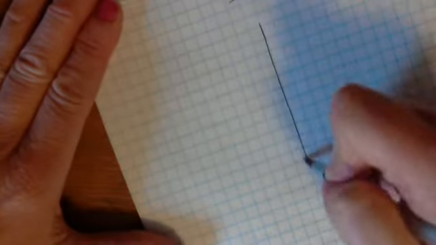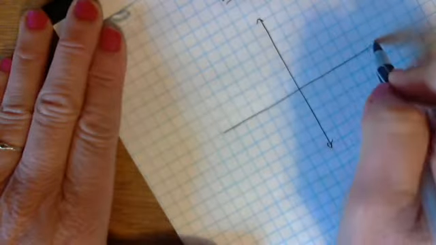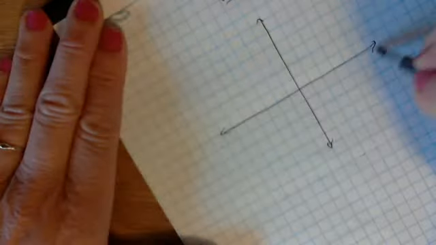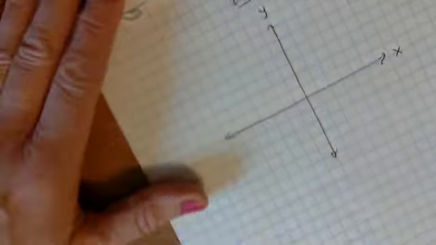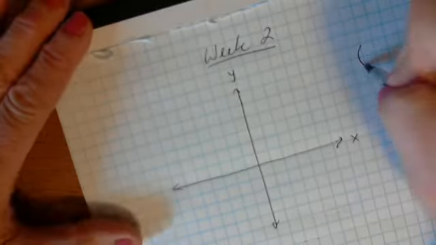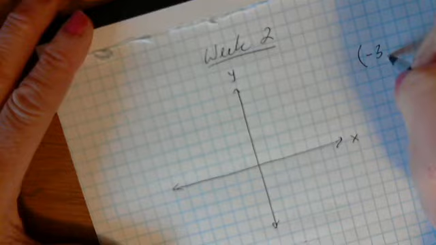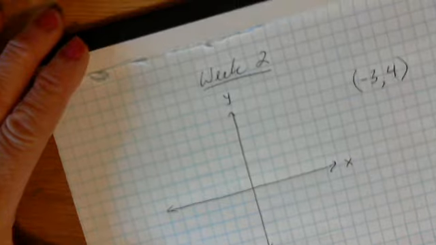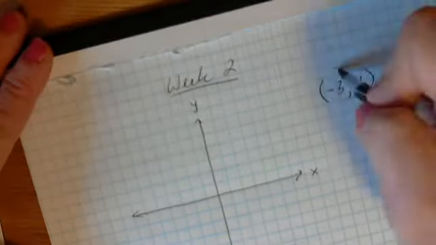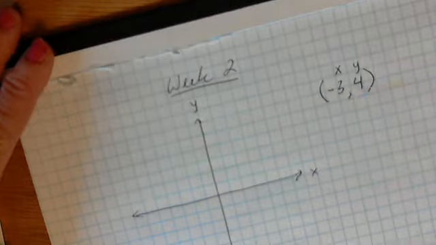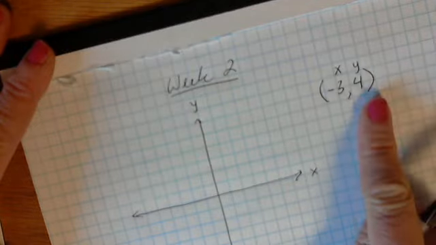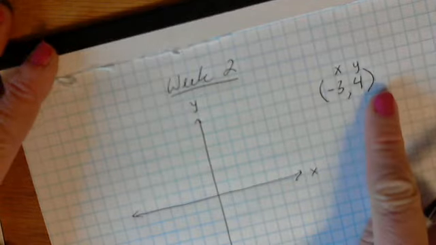Let's practice graphing a couple more points. So I've got my y-axis and my x-axis. And I do like to label these so I can keep straight which one is which. And let's graph the point -3, +4. Again, until you're really practiced, make sure you label the two numbers in the coordinate pair, x and then y.